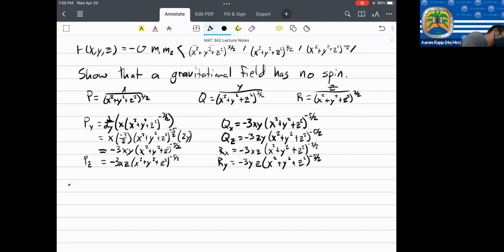So that when I calculate the curl of this vector field for gravitational pull, in the very, very first component, just let me write it above again.